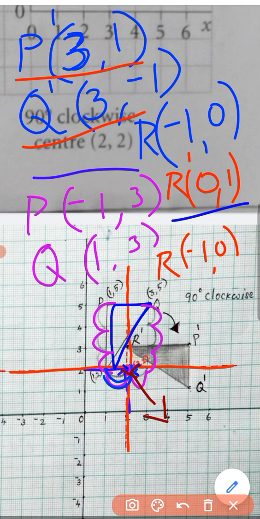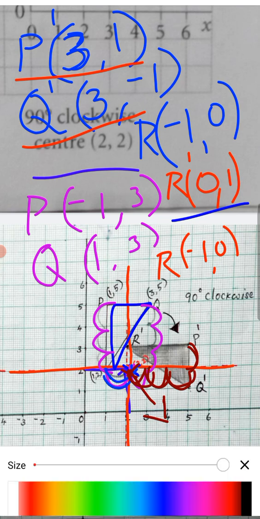So P dash 3, 1. From the center of rotation, 3 to the right side, 1, 2, 3, and since it is +1, 1 unit up. This is P dash. Now Q dash, that is 3, -1.